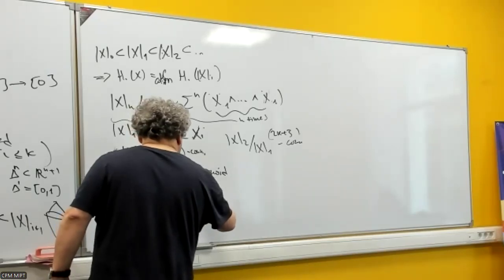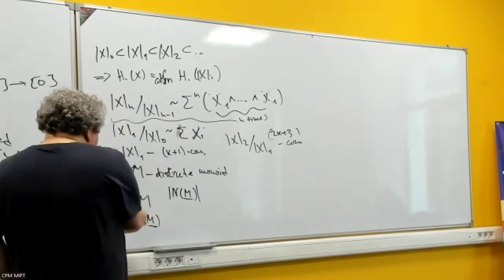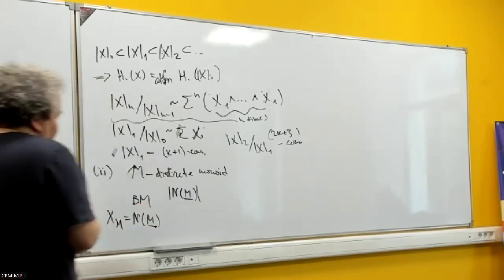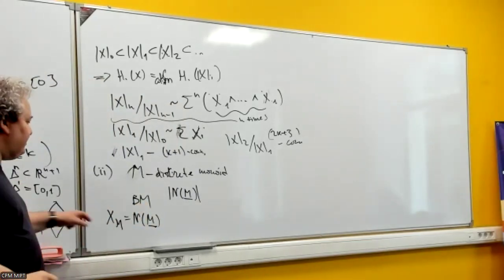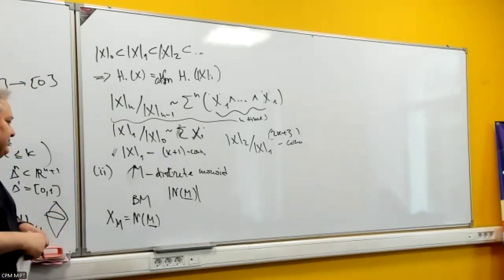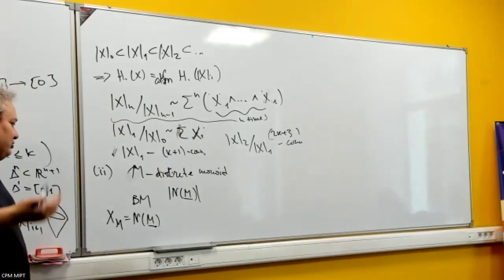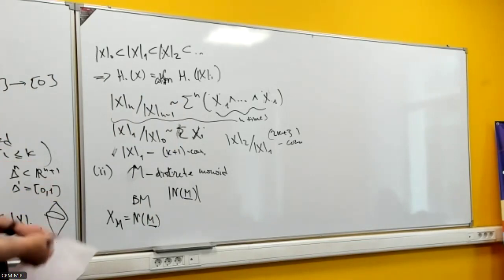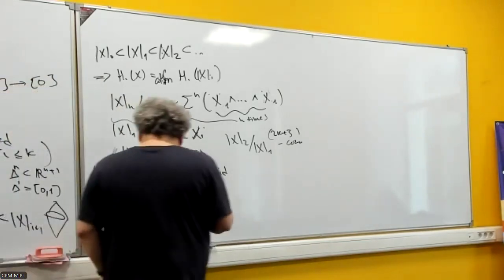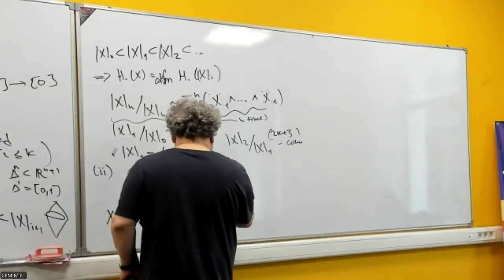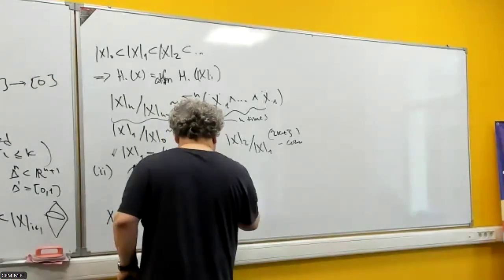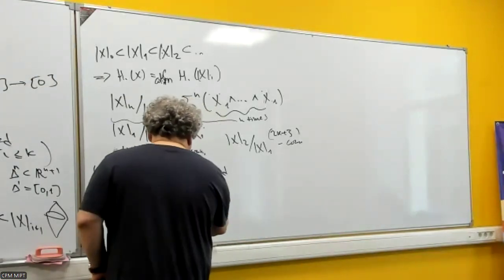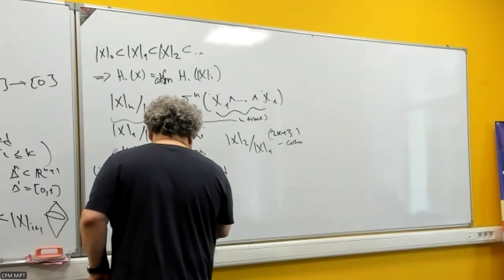The nerve is a simplicial set. In principle, if I have time, I was planning to define the nerve of a category. I'm not going to assume that people know it, but I defined this yesterday explicitly, so I can use it. This is by definition denoted by BM. We know this is a classifying space in the case of groups.